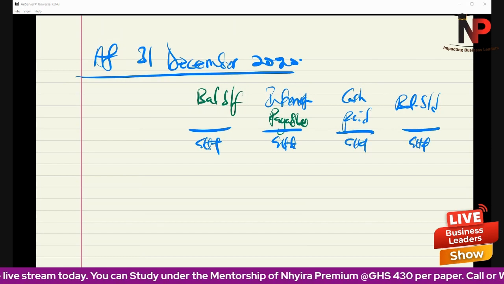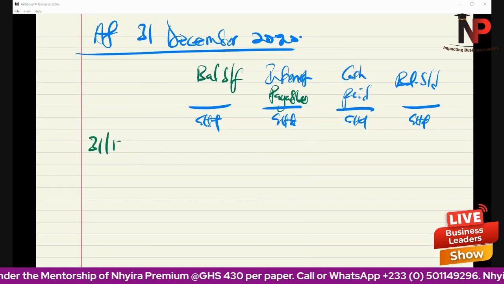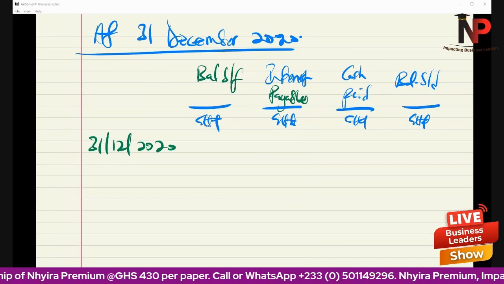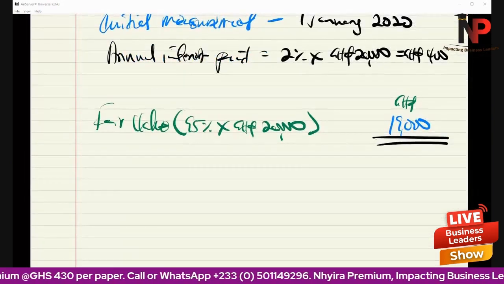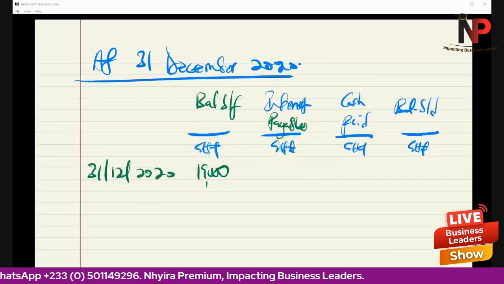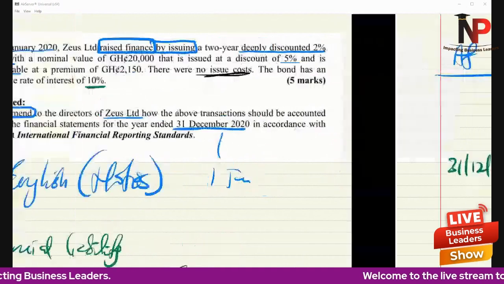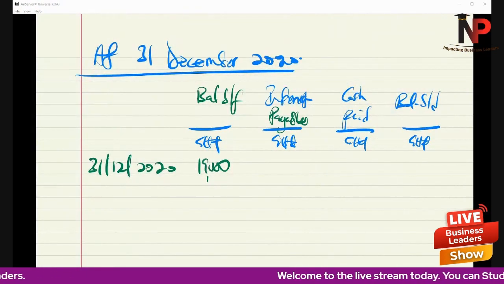Now stay with me. Our year ended is 31st December 2020. We bring in the initial value we got, 19,000. Now remember, the effective interest rate here is 10%. The bond has an effective interest rate of 10%, so that 10% is what will come here.